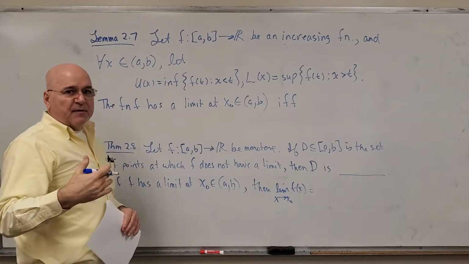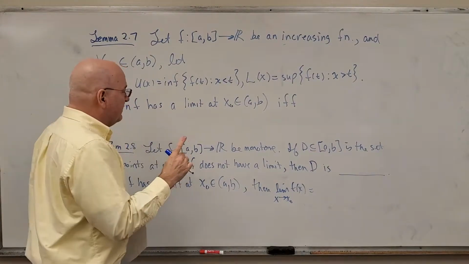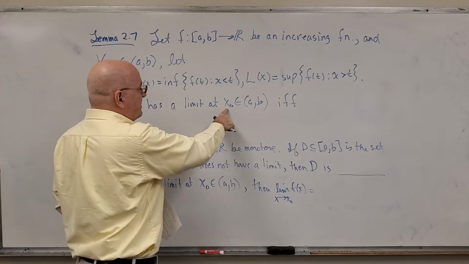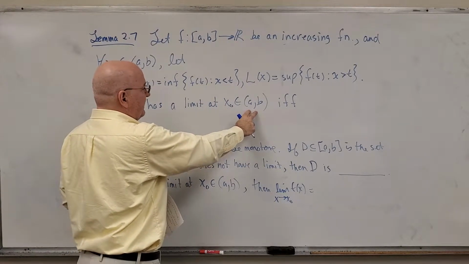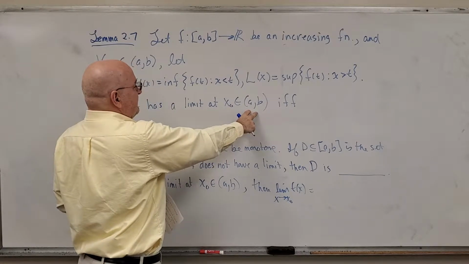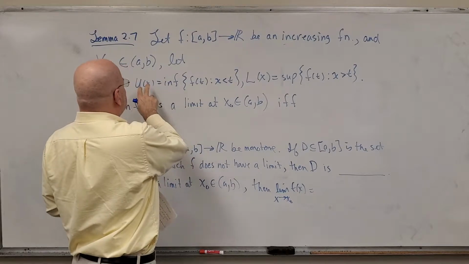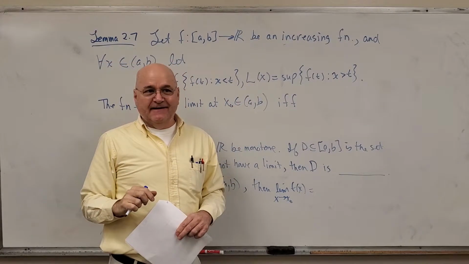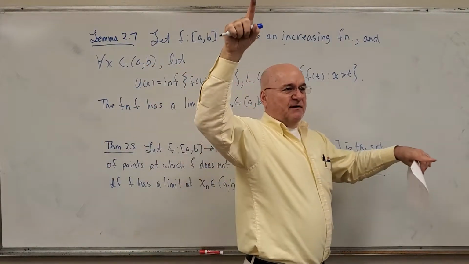Now you may remember from the previous picture we had, you may be able to figure this out. The function f has a limit at x naught in the open interval a, b, if and only if. Anybody want to take a guess? It has something to do with capital U and capital L. Remember when I was doing this?